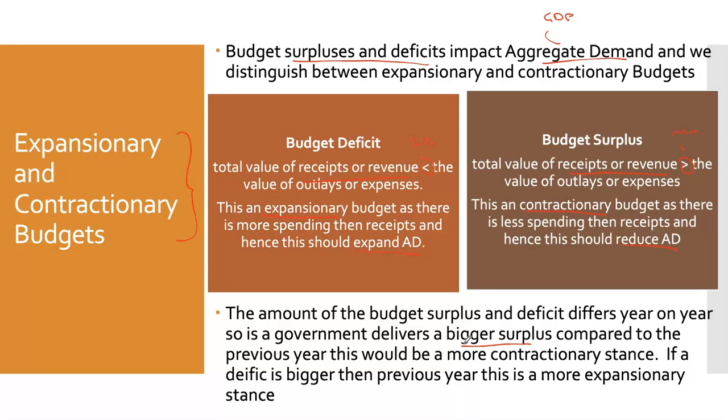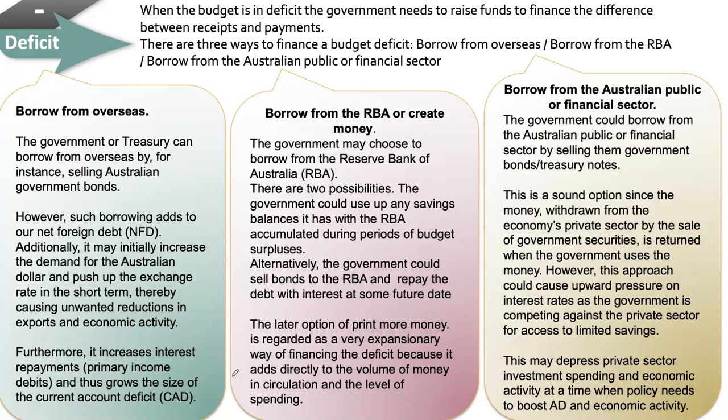So it's even trying to contract it even more. If a deficit is bigger than the previous year, they're taking an expansionary stance. But if a deficit is smaller than the year before, we might start to recognize that a government is trying to contract the economy a little bit, trying to move towards a surplus. So starting to understand that is important.